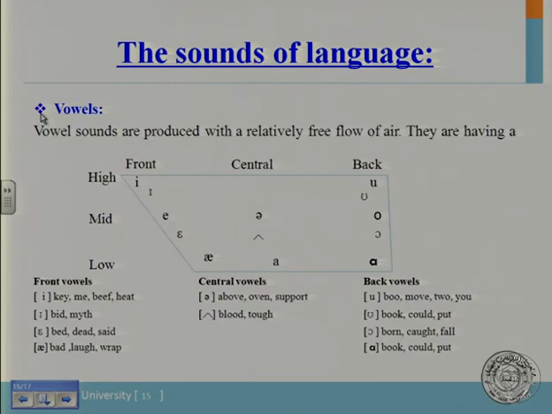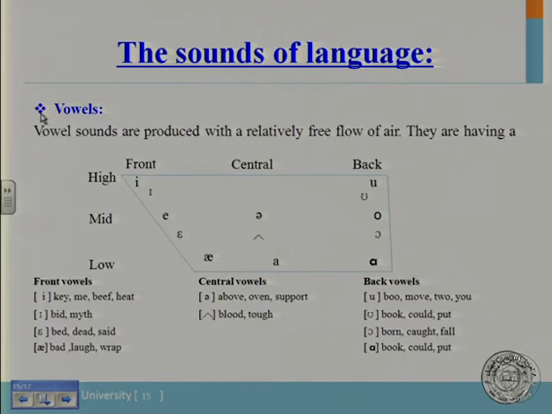Now, these are the essential sounds of vowels. Vowel sounds are produced with a relatively free flow of air. We said that this is the shape of the mouth. Now, as you see, the mouth is divided into 4 parts, 4 locations.